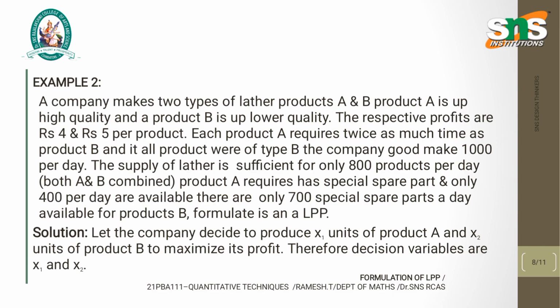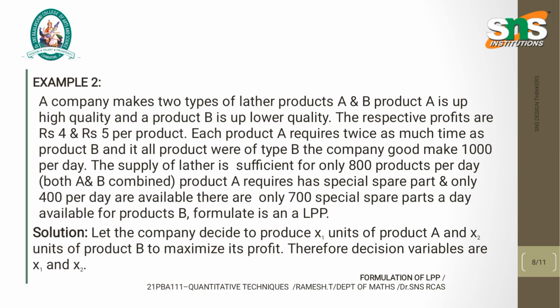The supply of leather is sufficient for only 800 products per day, both A and B combined. Product A has special spare parts and only 400 per day are available. There are 700 special spare parts a day available for product B. Formulate all this as LPP.